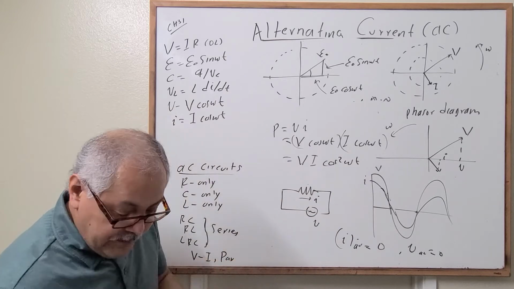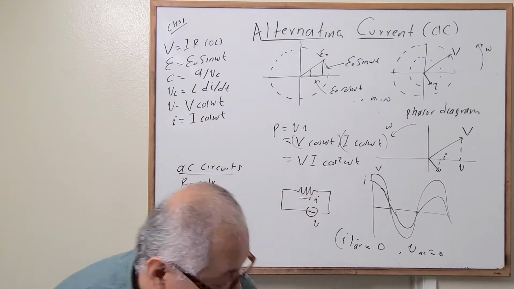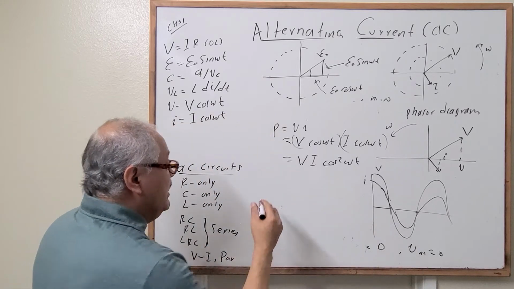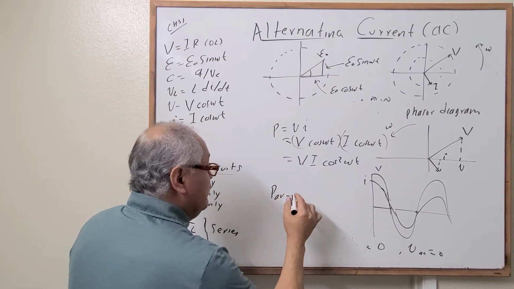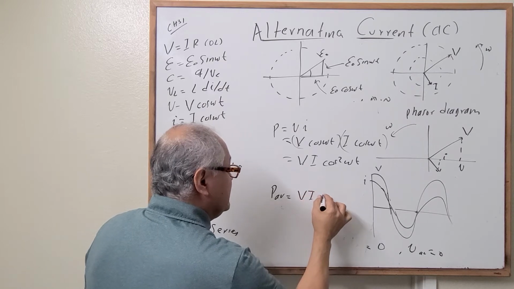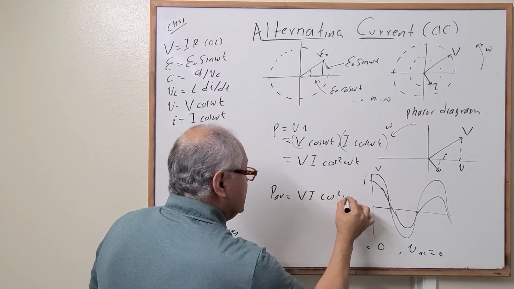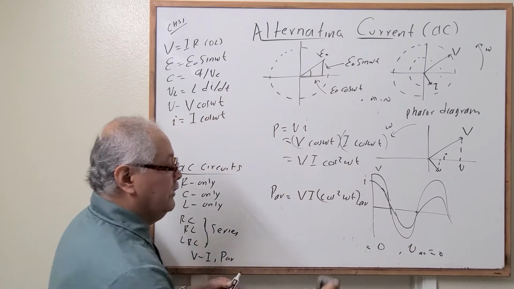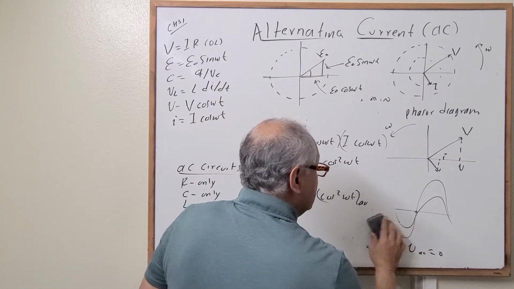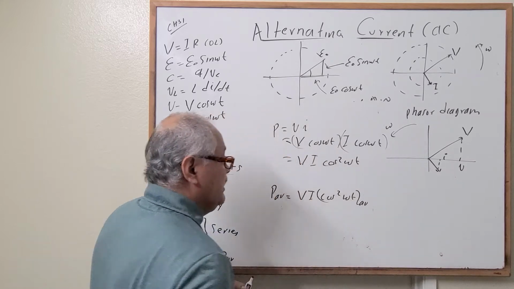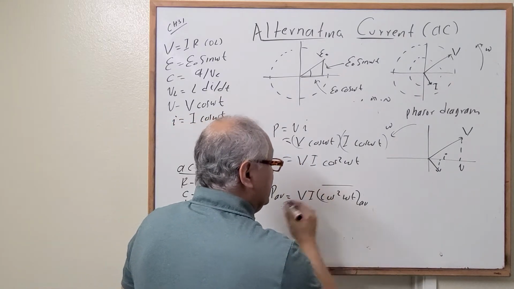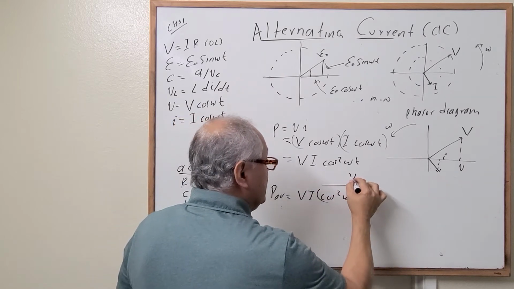Now let's find the average. Well, in this case, the average power is equal to current times voltage times the average of cosine squared omega t. And it's found that the average of this cosine squared is 1/2.